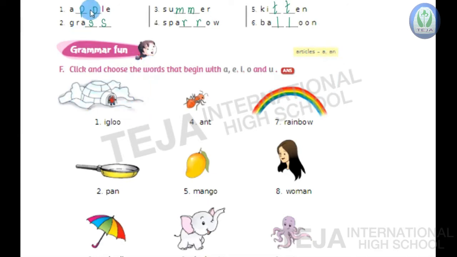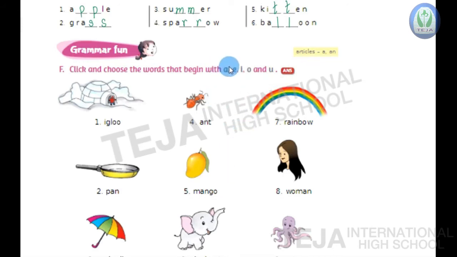Bit F, children. Choose the words that begin with A, E, I, O, U. Here the pictures are given and the names of the pictures are given. So here you have to choose the words that begin with A, E, I, O and U. A, E, I, O, U are called vowels.